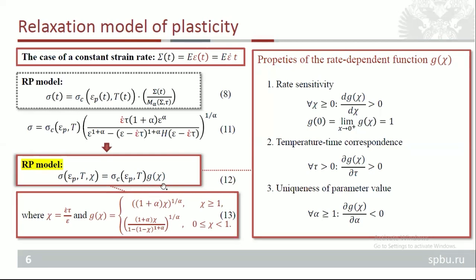It is responsible for the rate sensitivity of materials, and it can also be proved mathematically that this function g possesses at least three different properties, showing its ability to describe the rate sensitivity, ability to incorporate the temperature-time correspondence, which will be discussed later, and also to ensure the uniqueness of parameter values used in the model 12.